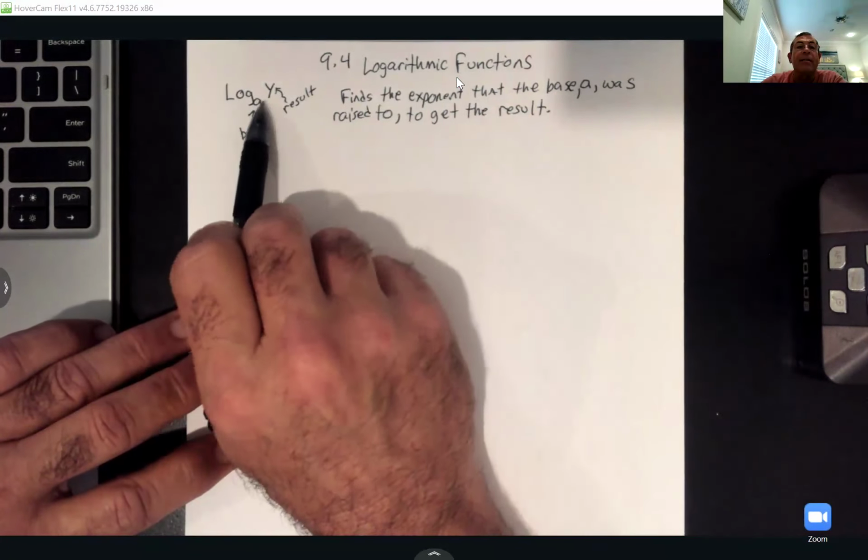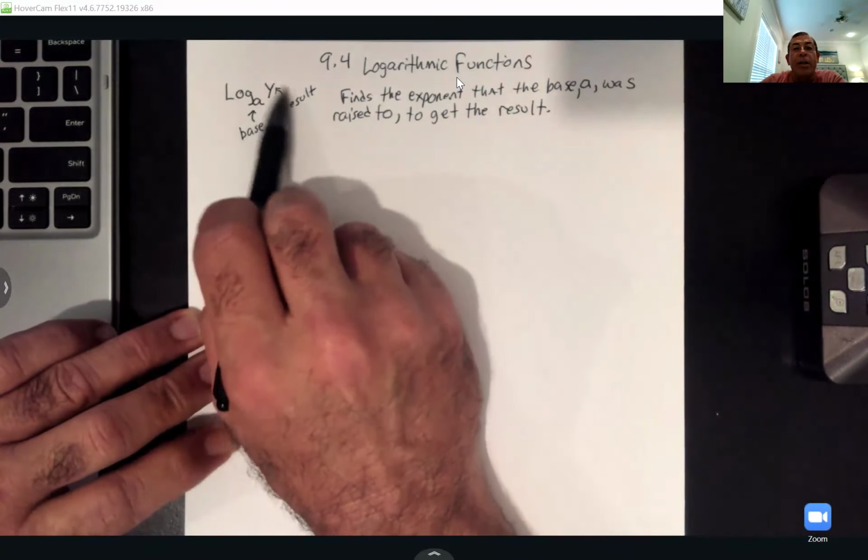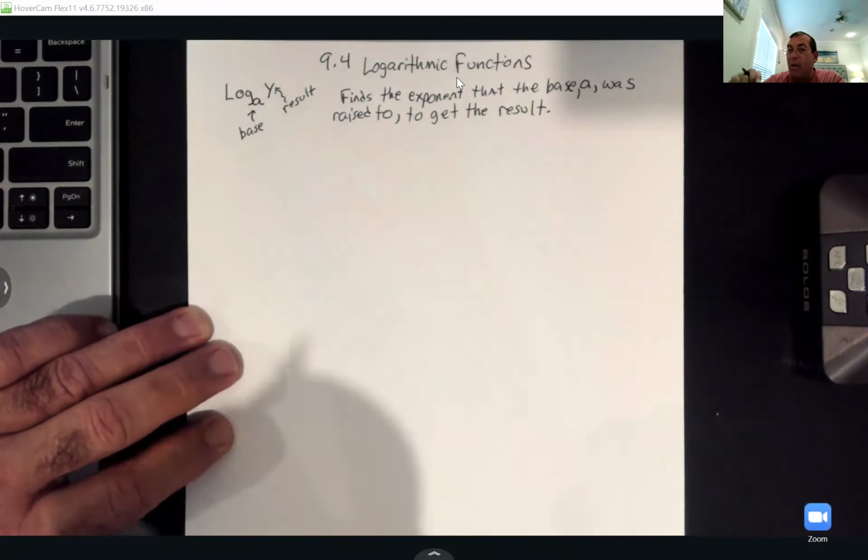Okay, so they give me the base, they give me the result. When we punch into log, it finds the exponent, okay?